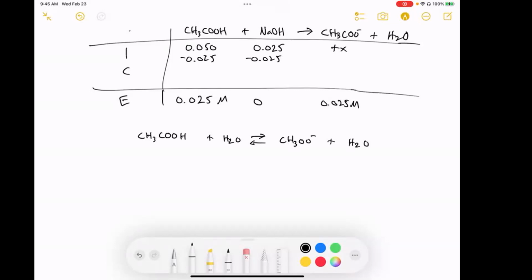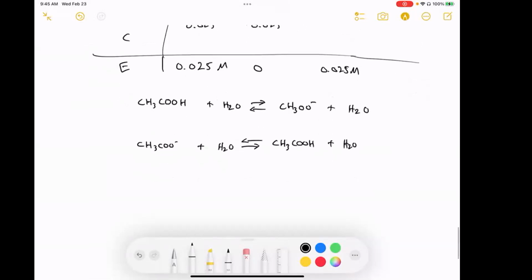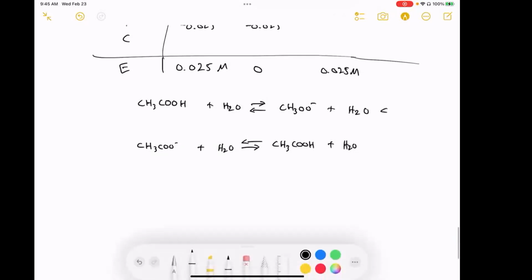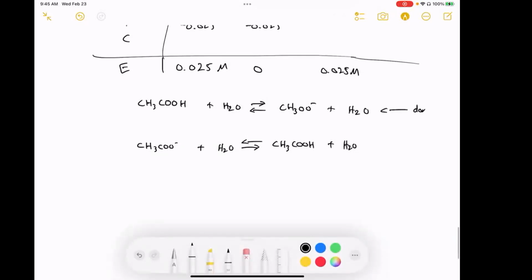But you also have this reaction going in reverse. So one of them is going to compete. These are competing reactions. Since your pH is probably still acidic, this one is probably the dominant reaction.